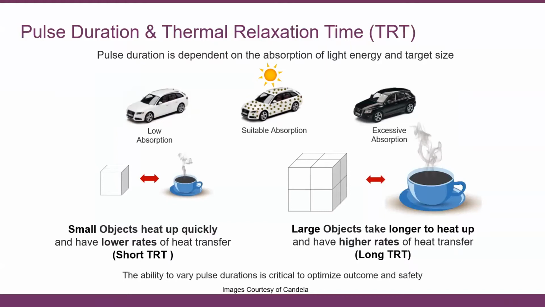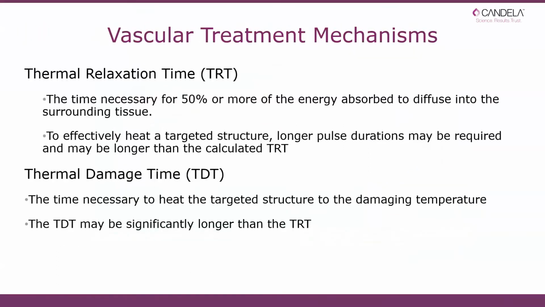As those vessels get larger and that diameter increases, we then need to start increasing the pulse duration in order to heat that larger volume of blood to a high enough temperature to actually coagulate it.